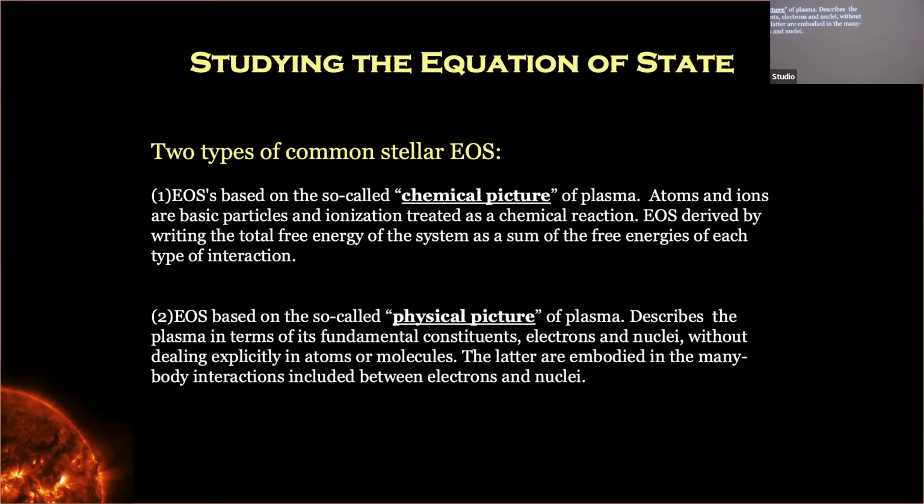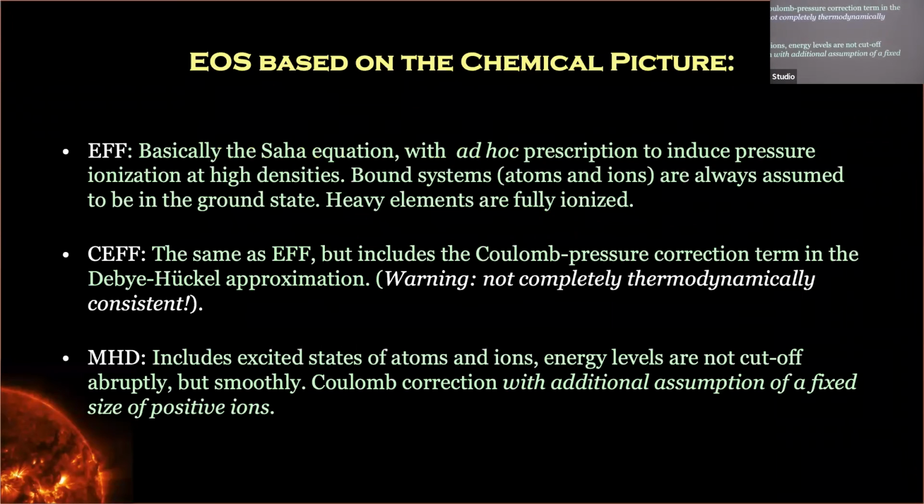So what you do is you write down the partition function and then minimize that, okay? Now, of the equations of state based on the chemical picture, if you're old enough, you would recognize the Eggleton, Faulkner, and Flannery equation of state, which was basically the Saha equation plus an ad hoc prescription to induce pressure ionization at dense regions, okay?